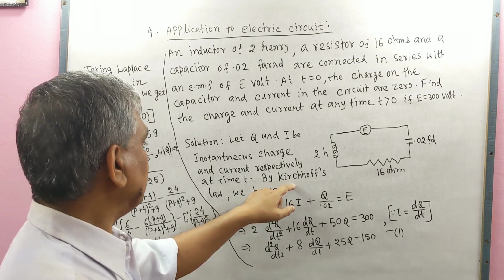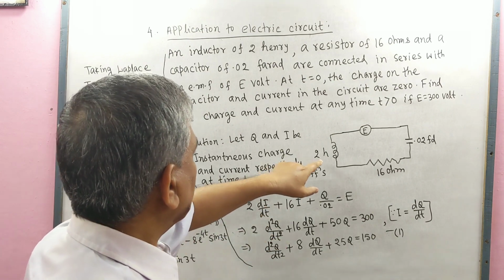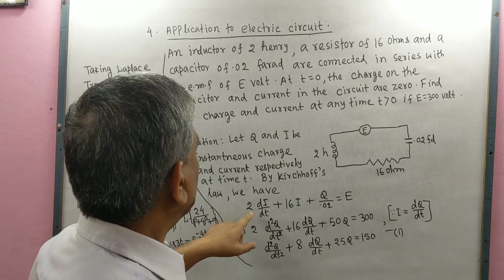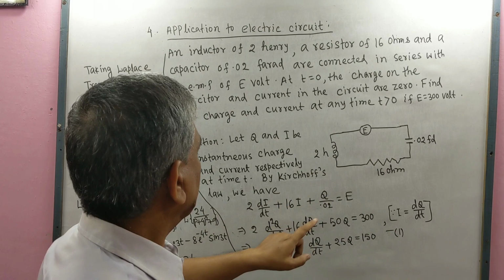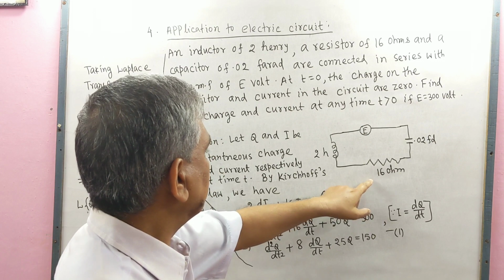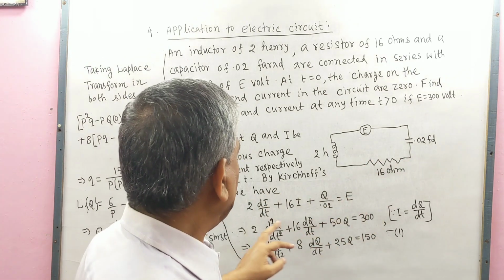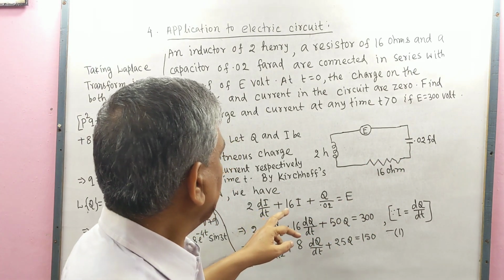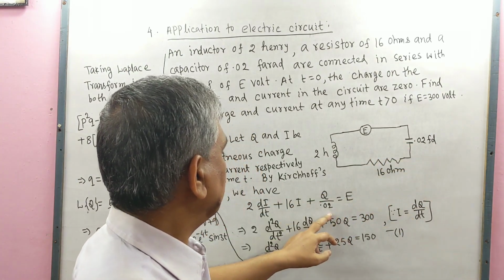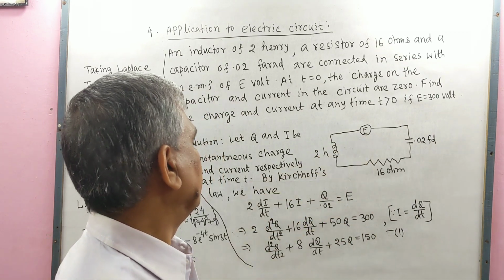By Kirchhoff's law, we get here that this is the inductor, so 2 di by dt, and this is the resistance, so 16I, and all are in a potential Q by C. C means 0.02. This is also V, and this equal to E.